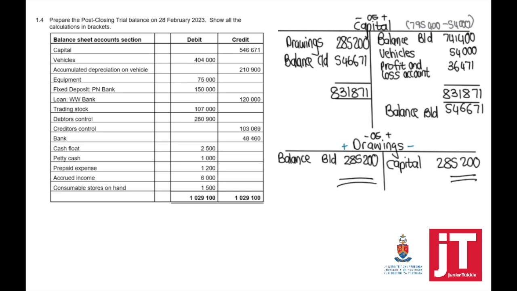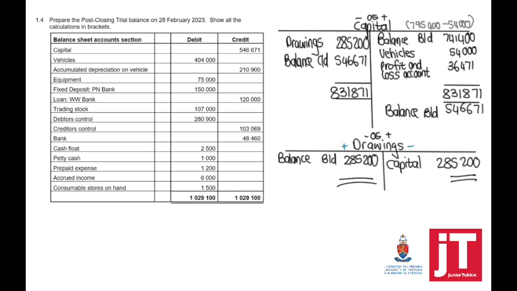How do we get in calculating our net profit? We start by looking at the trading activity, in other words, the trading account, by taking your sales, your net sales, minus your cost of sales equals the gross profit. I cannot calculate the net profit if I haven't calculated the gross profit first.